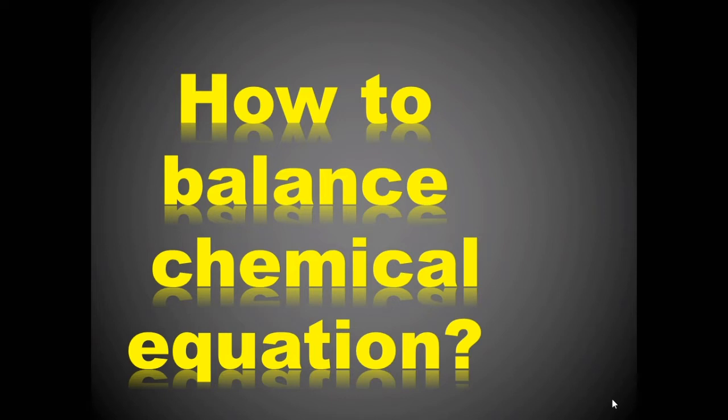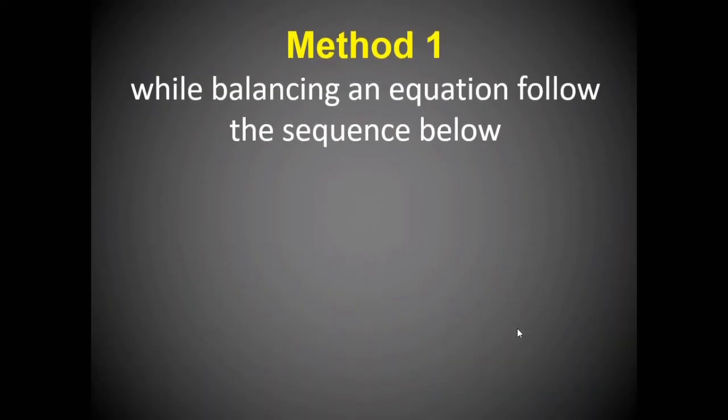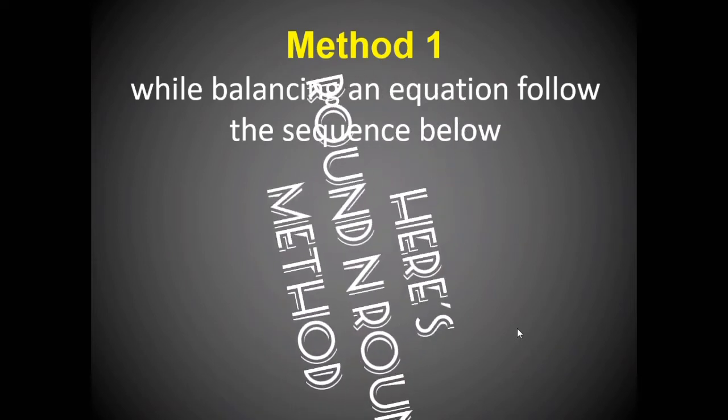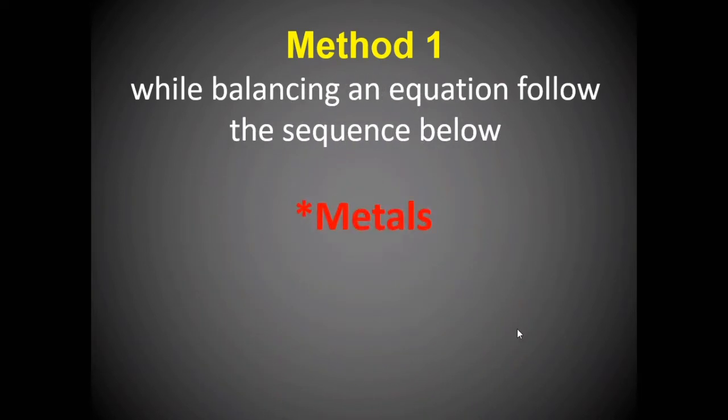Basically, we have to follow some sequence in this method, method 1. Firstly, we have to balance the metals in our chemical reaction, all the metals, foremost.